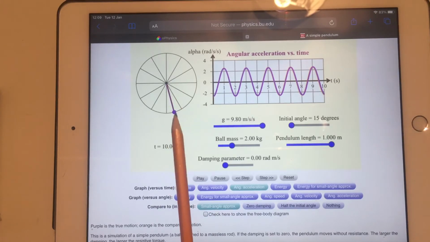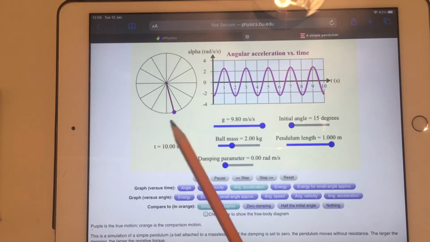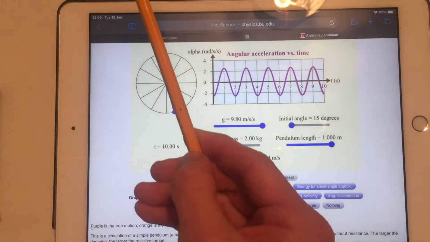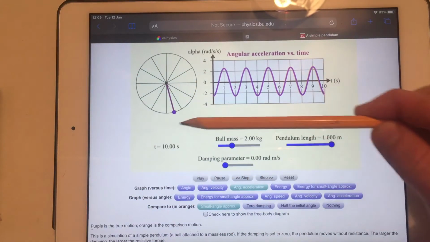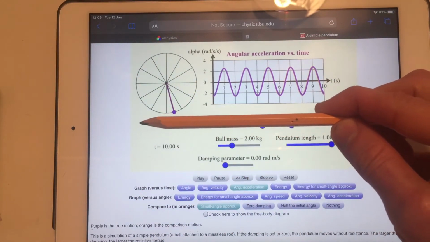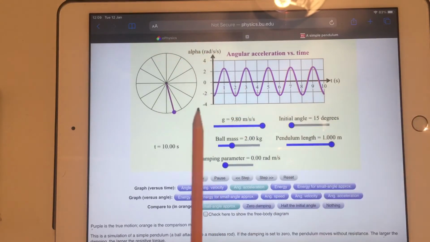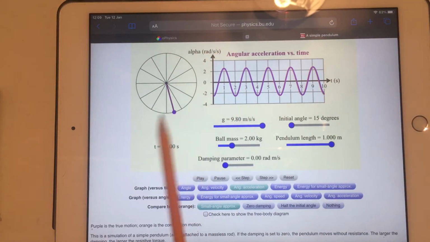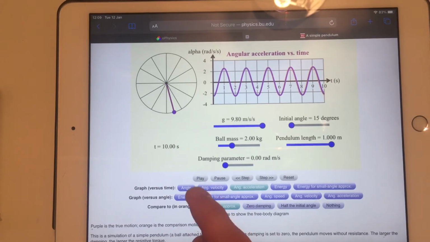So you've got a combination of the weight downwards and the tension at a slight angle, which is then producing the force in the opposite direction to the displacement from that equilibrium, that origin position. So that's what's causing the simple harmonic motion here.